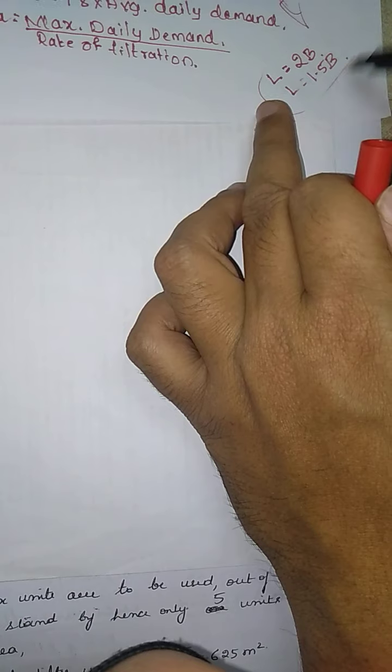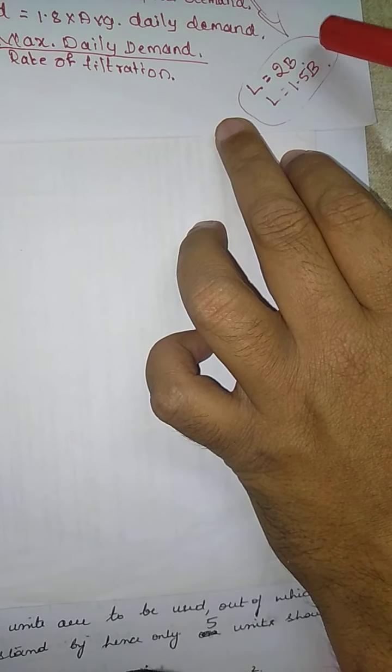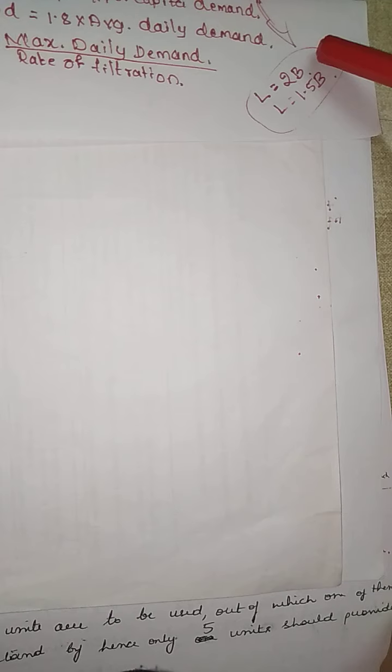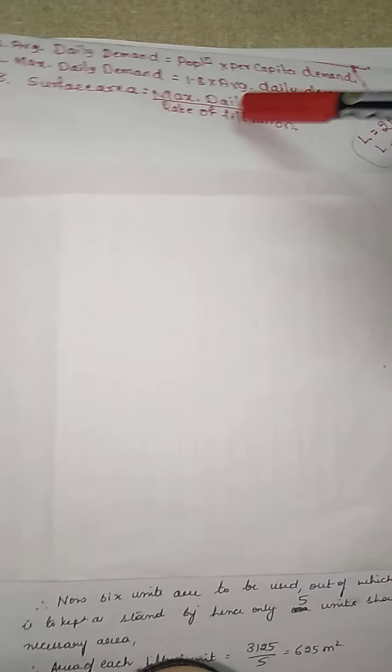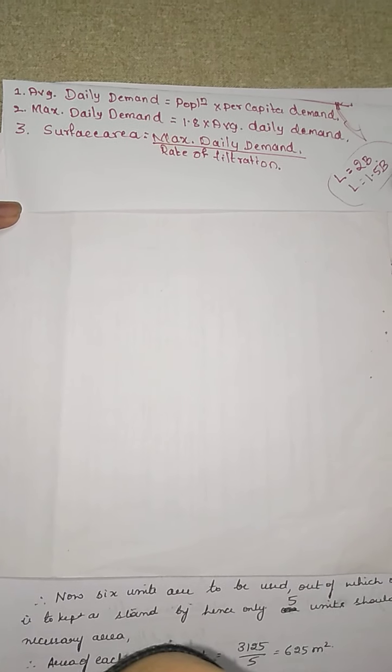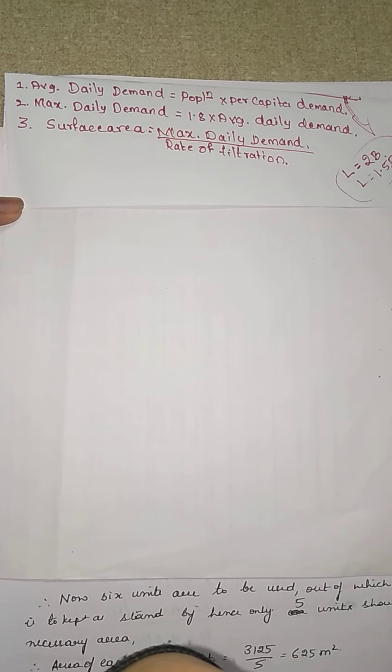Here L stands for the length and B stands for the breadth of your filters. These 3 formulas are required in order to solve the problem in the case of your slow sand and rapid sand filters.